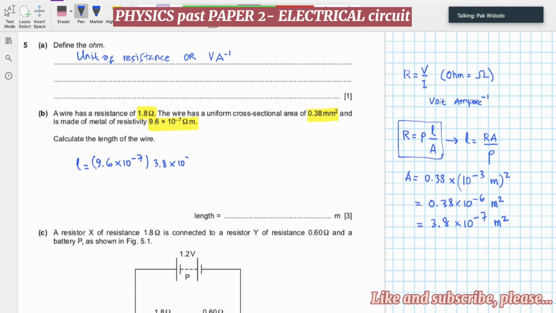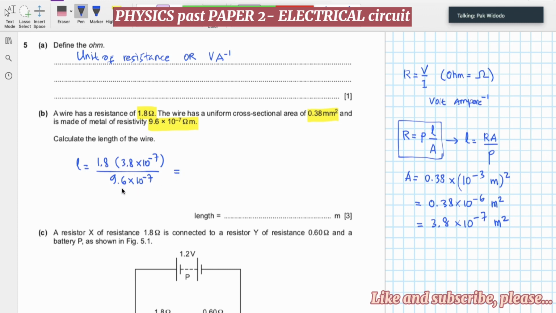Divide, oh no, I made a mistake. This is R, R is 1.8. That's right. Then times 3.8 times 10 to the power minus 7, divided by rho, which is 9.6 times 10 to the power minus 7.